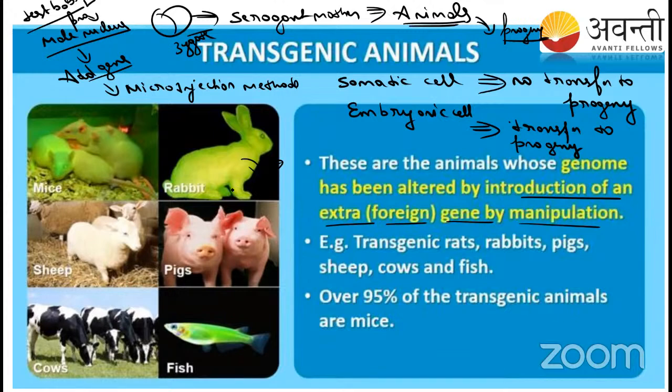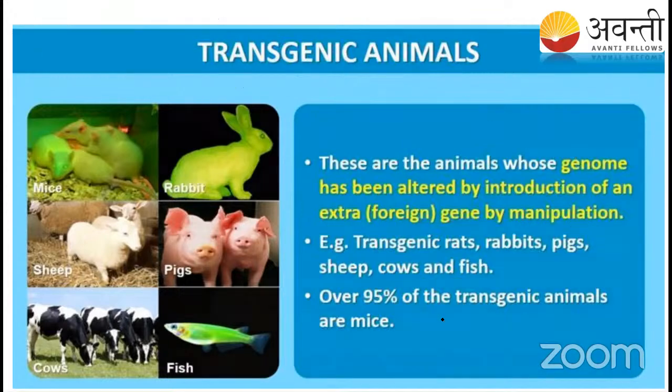The gene was inserted into this rabbit, then it is going to produce bioluminescence. This is how they introduce the foreign gene by the microinjection method. Commonly they produce transgenic rats, rabbits, pigs, sheep, and cows. But 95% of transgenic animals are mice.